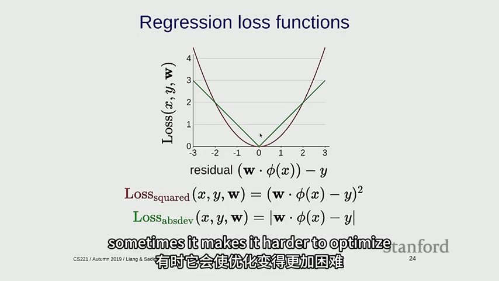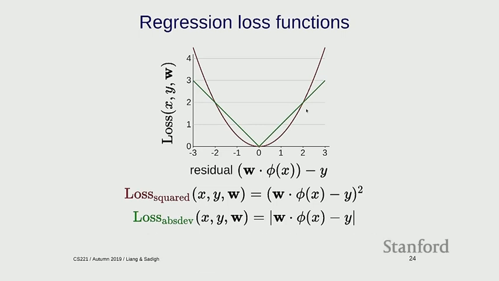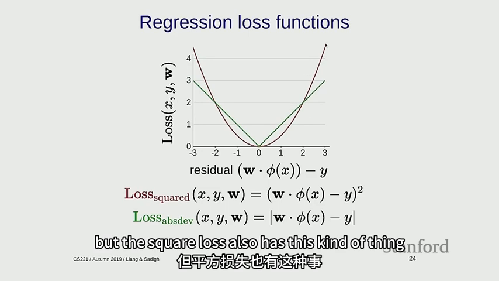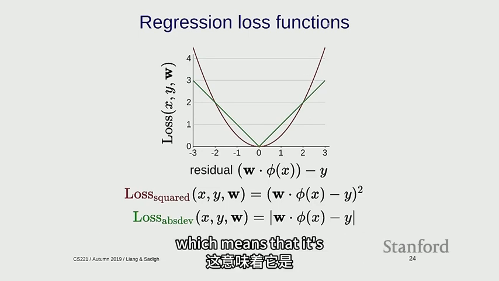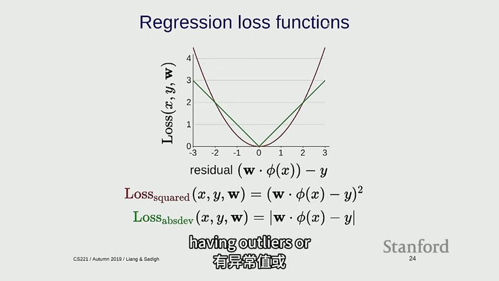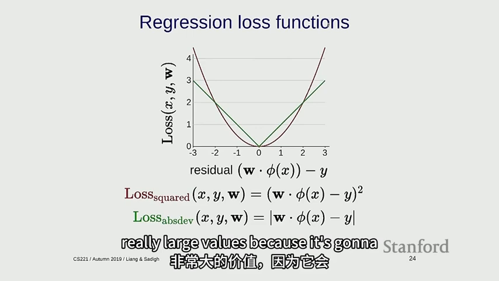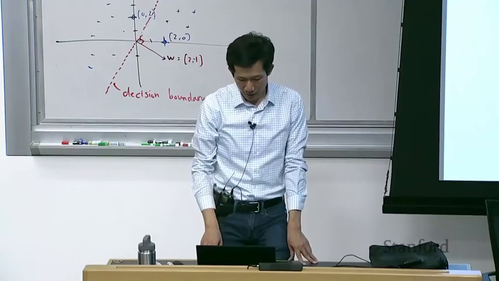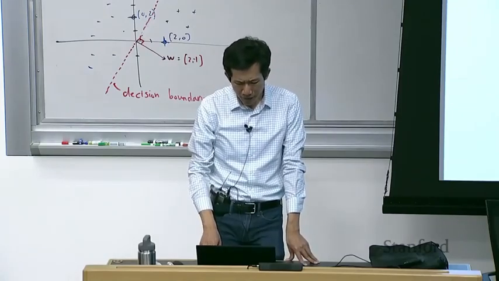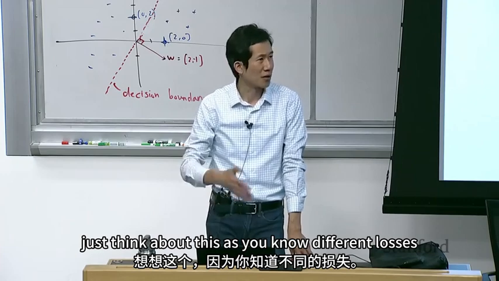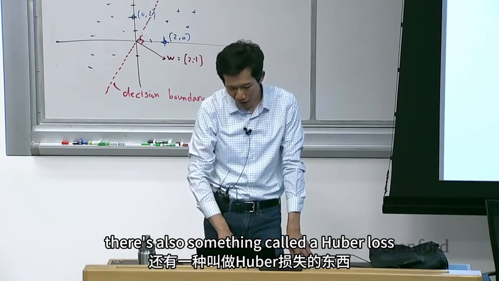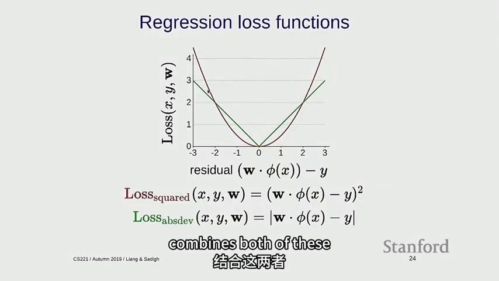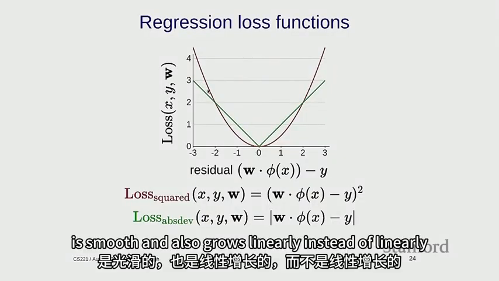Sometimes that makes it harder to optimize. But the squared loss also blows up, which means that it really doesn't like outliers or really large values, because you're going to pay a lot for it. But at this level, just think about these as different losses. There's also something called the Huber loss, which combines both of these: it's smooth and also grows linearly instead of quadratically.